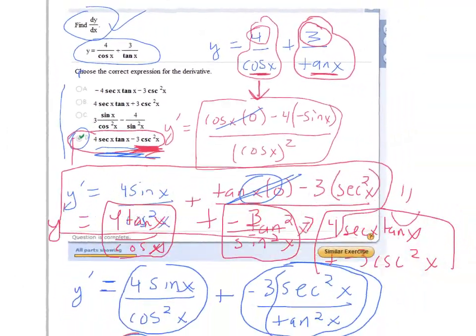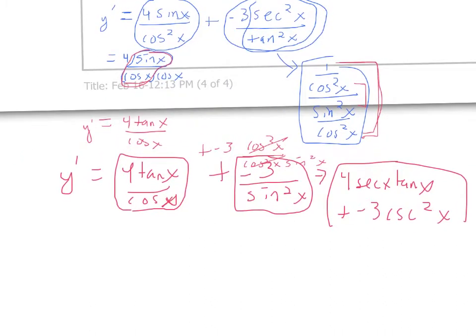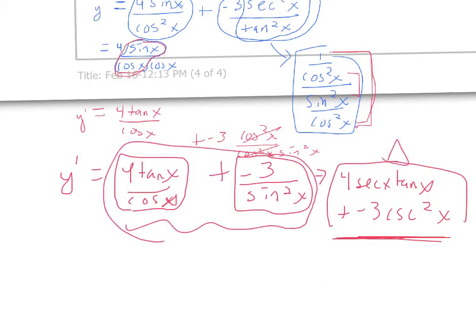The zoom on this is being really fussy, but we eventually arrive at that same spot ourselves. 4 secant x tangent x minus 3 cosecant squared x. Okay? So all of this will turn into that. All right, so a lot of that has to do with your strength in trigonometric identities.